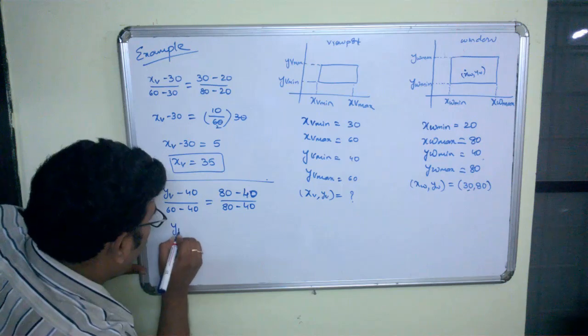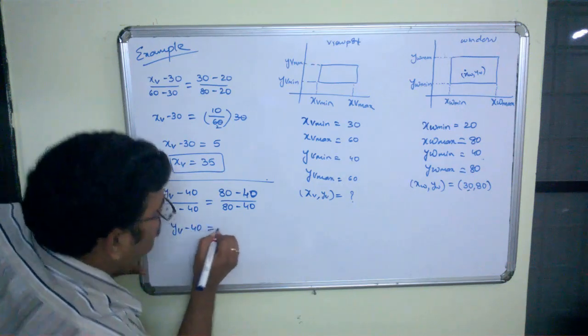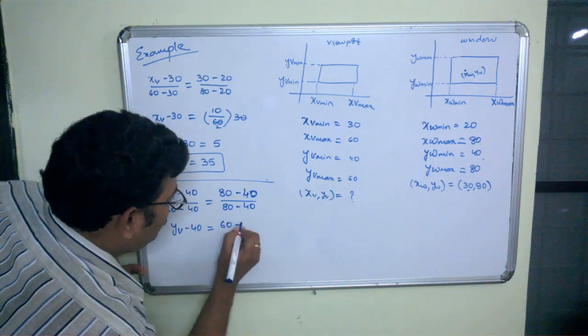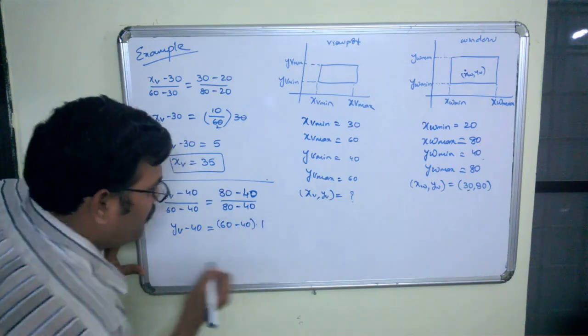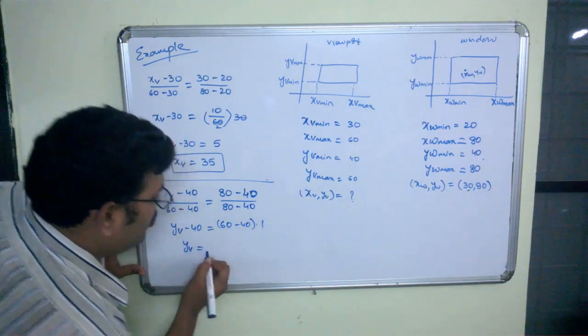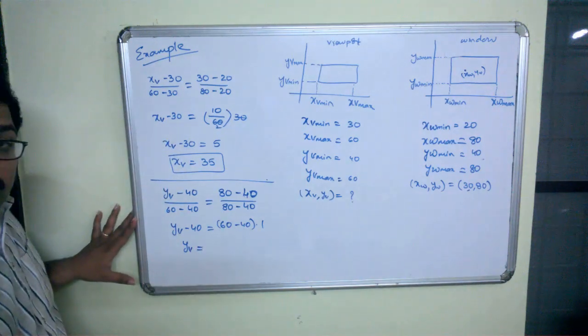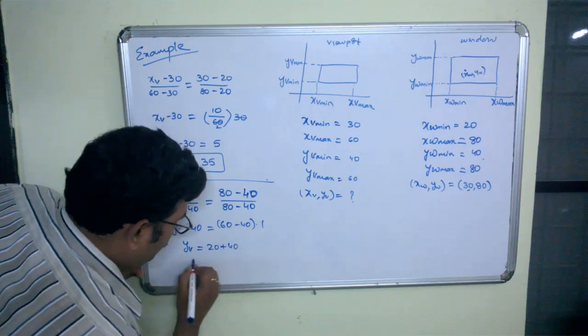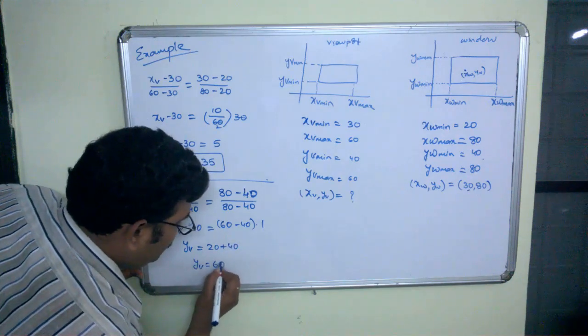So YV minus 40 is equal to 60 minus 40 into 1, which is 20. So 20 plus 40, YV is equal to 60.